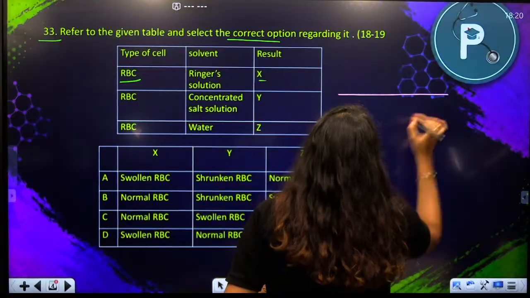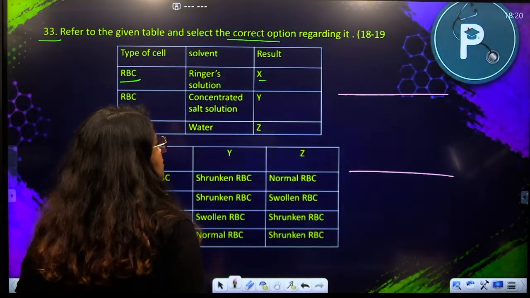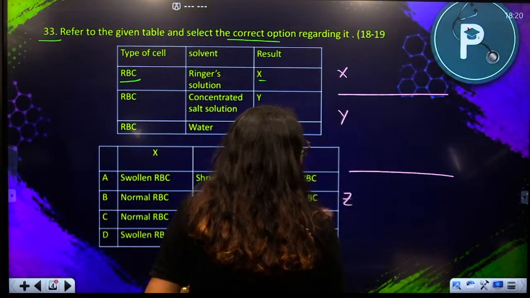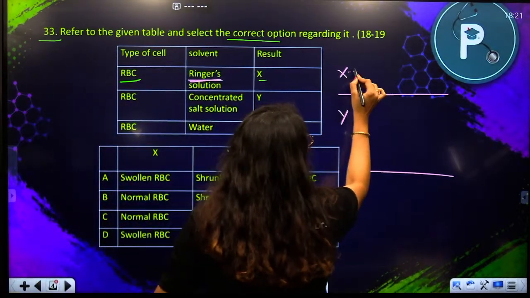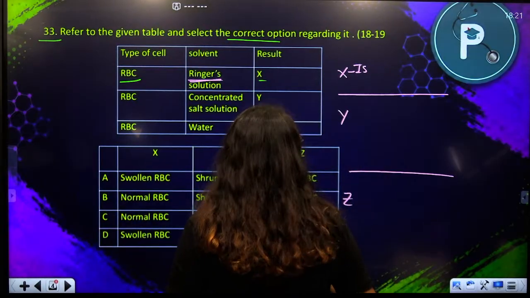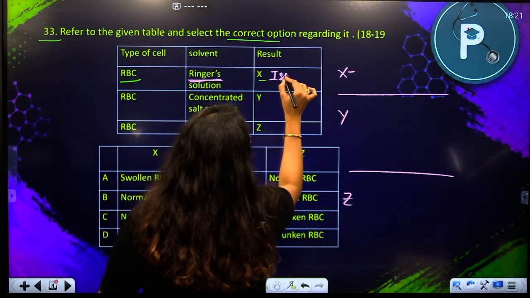One is Ringer's solution, one they are saying concentrated salt solution, and one is water. So I'm going to write X, I'm going to write Y, I'm going to write Z. If I'm talking about Ringer's solution, it is isotonic to RBC. I can simply write it here that this is isotonic to RBC.